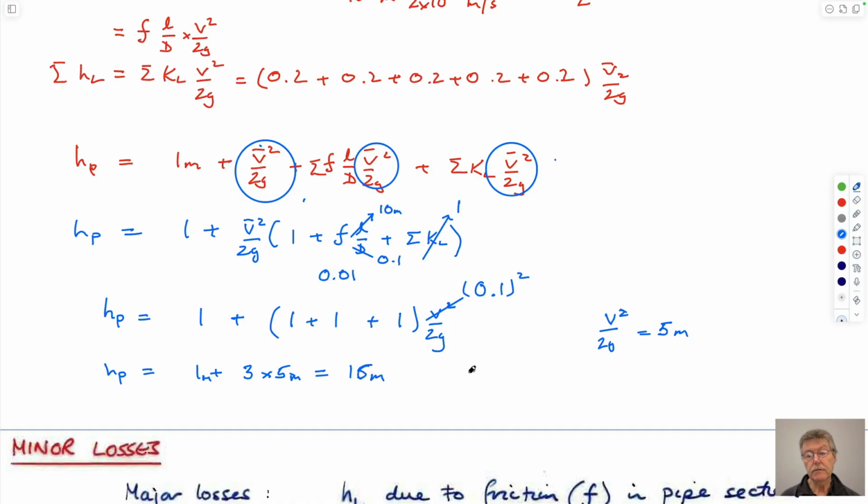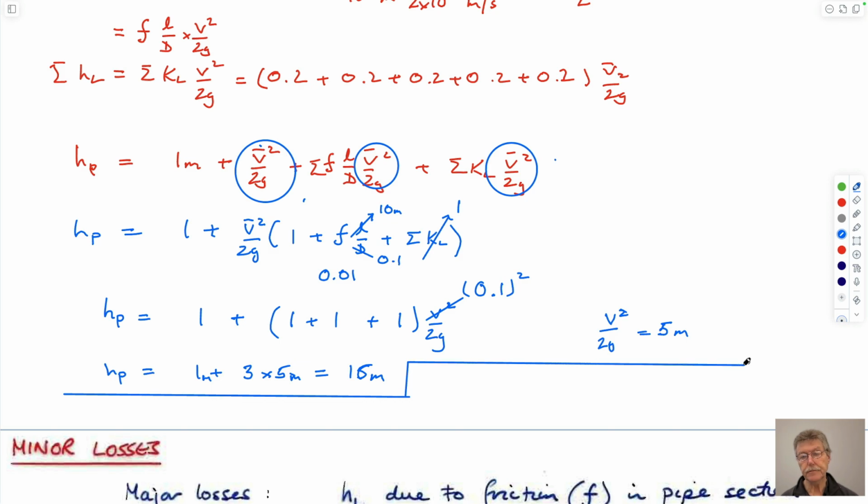And so now the coup de grace, I guess, is that we can calculate the pump head from the system. So pump head, which we have, is equal to the power multiplied by, it's easiest to write it as the unit weight times the volumetric flow rate.